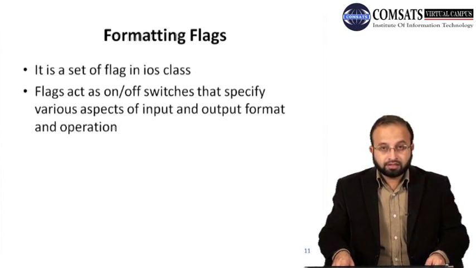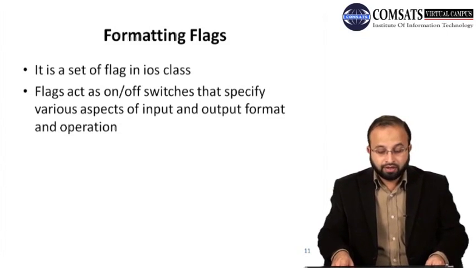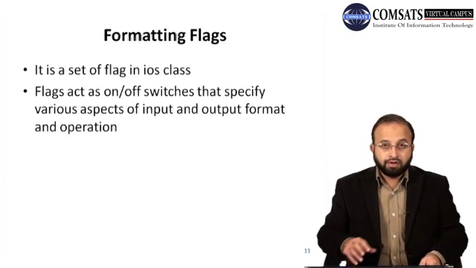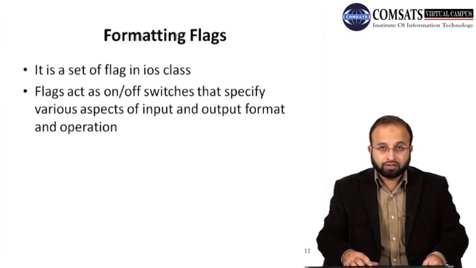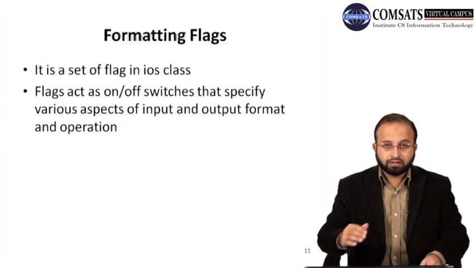Flags act as on-off switches that specify various aspects of input and output format and operation. So these flags are for the formatting operation, that is how the output should be displayed, right? And we can set a flag accordingly if we want to display the output in a certain way, right? So there is a list of flags.